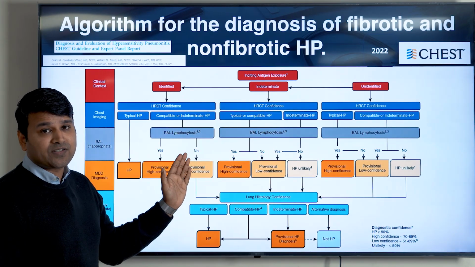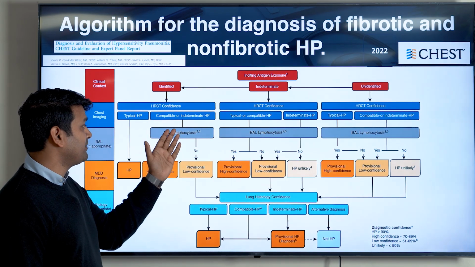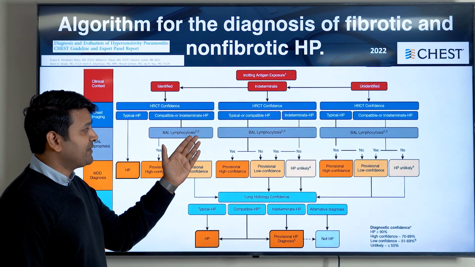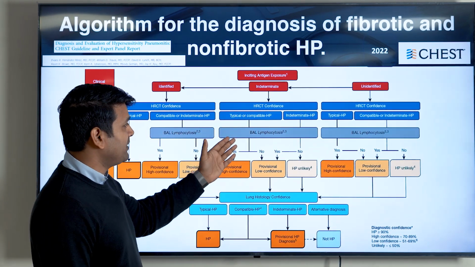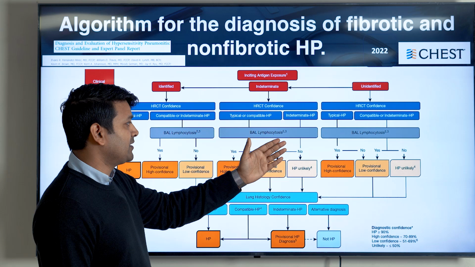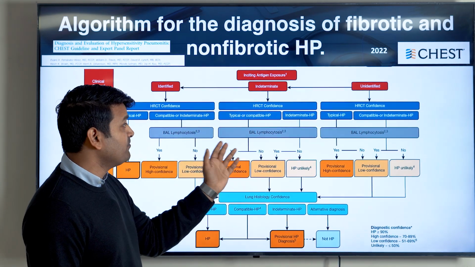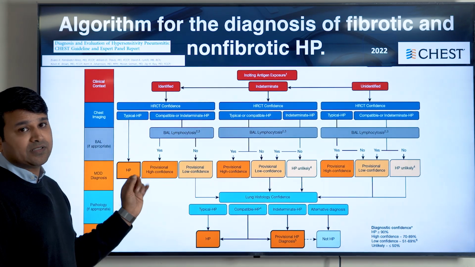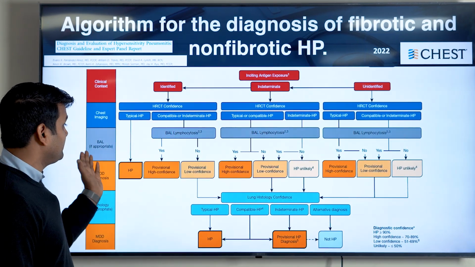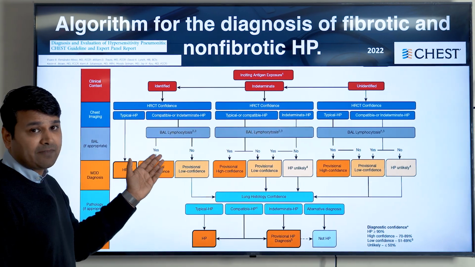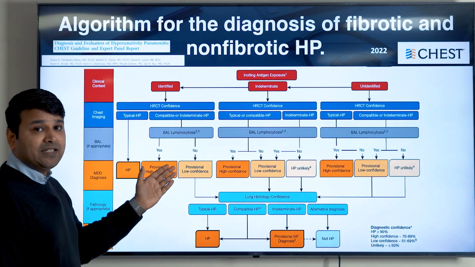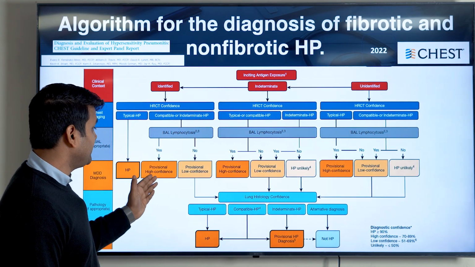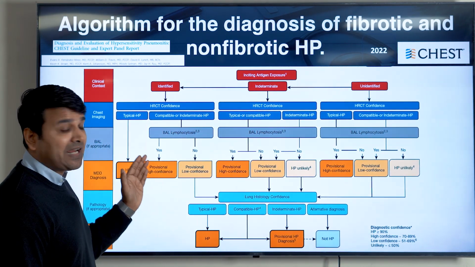Suppose after the HRCT scan you get the possibility of compatible or indeterminate for hypersensitivity pneumonitis. In all these scenarios, you have to think about doing the bronchoscopy, and we go for bronchoalveolar lavage. In that, we see lymphocytosis. So if the lymphocytosis is present, then it is provisional and high confidence.